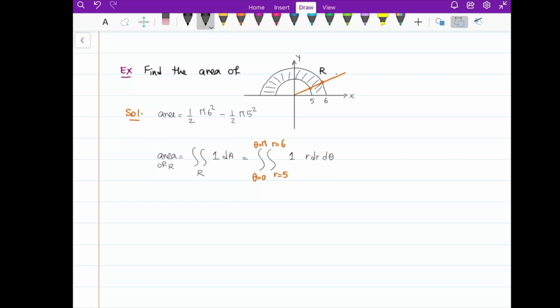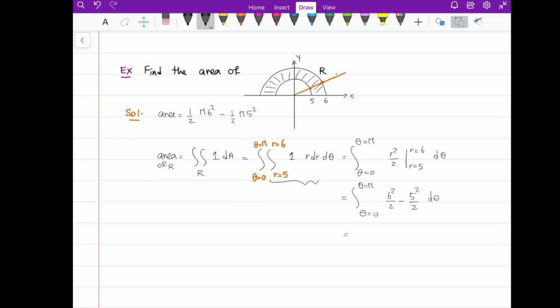Okay, so let me calculate this. This is from theta equals 0 to theta equals pi. Then the inside integral in here would be r squared over 2, r from 5 to 6, d theta. Plug in r equals 6 in here, so it would be 6 squared over 2 minus 5 squared over 2, and then d theta.